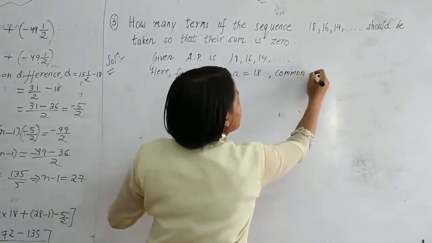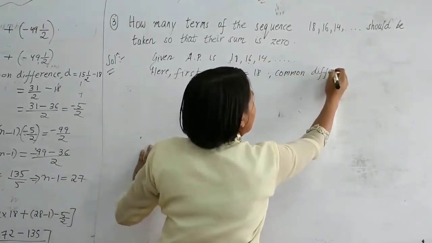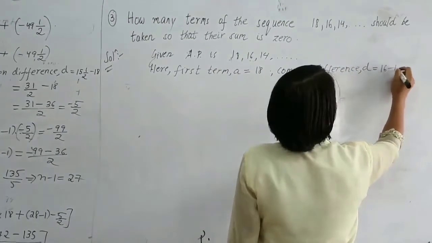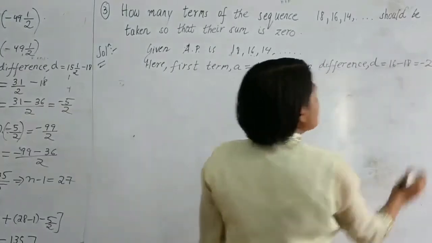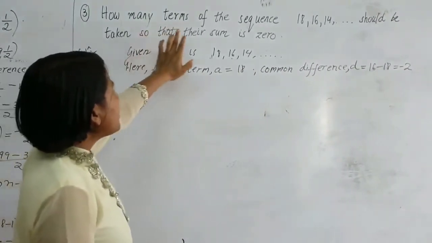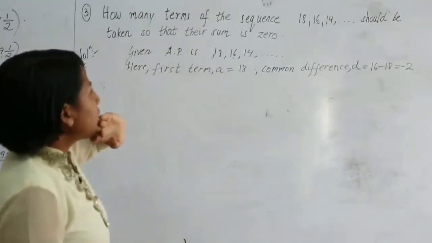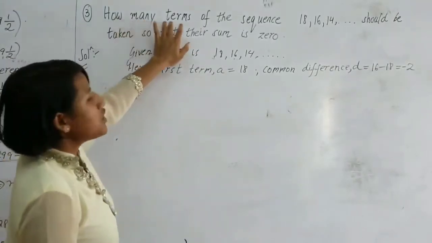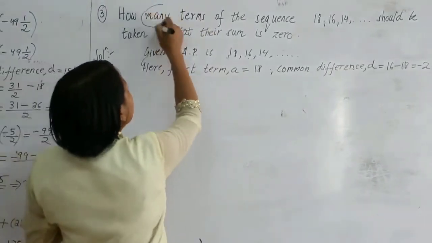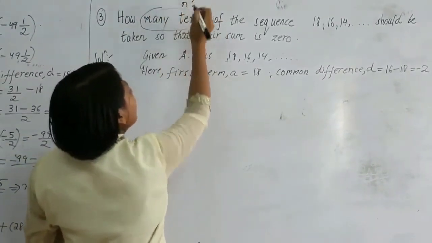Then common difference will be minus 2. Then how many terms means, when they ask this question, how many terms means you have to find n.